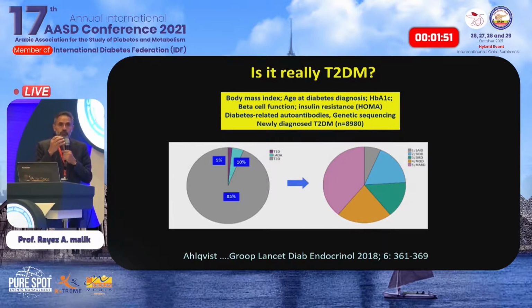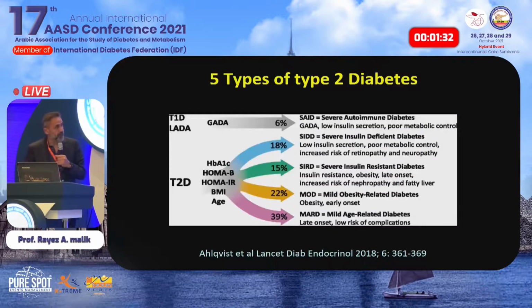Those variants were based on the presence or absence of insulin resistance or the presence or absence of beta cell dysfunction. This is what you would normally call type 2 diabetes, but there are variants in here, and I'll show you what they are.